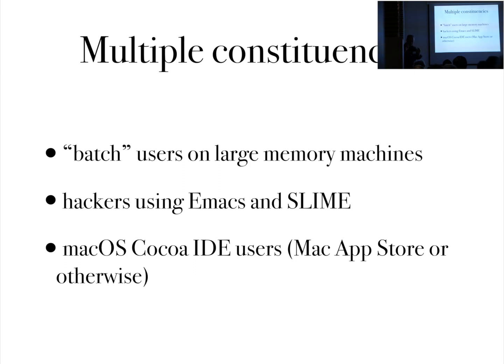Then there are normal hackers who use it with Emacs and Slime in the way you would expect, and then there's a substantial and interesting contingent who are interested in Lisp, but not too interested in investing time in learning Emacs and Slime. I know, some people are shocked, but it's true.